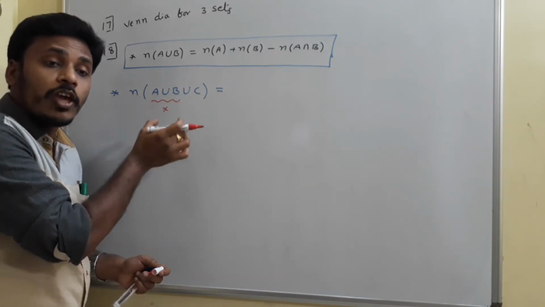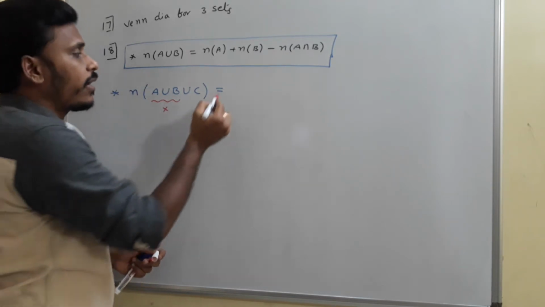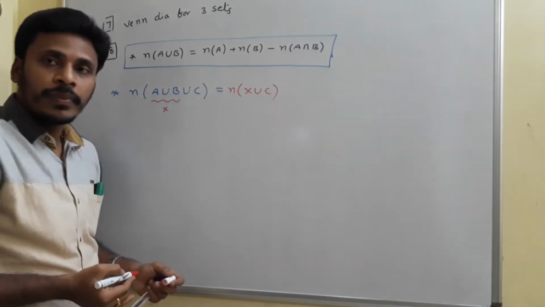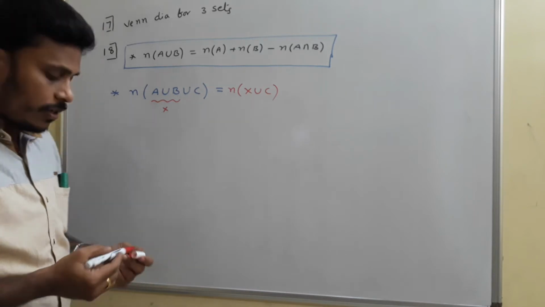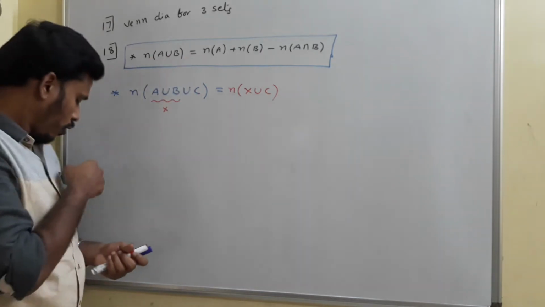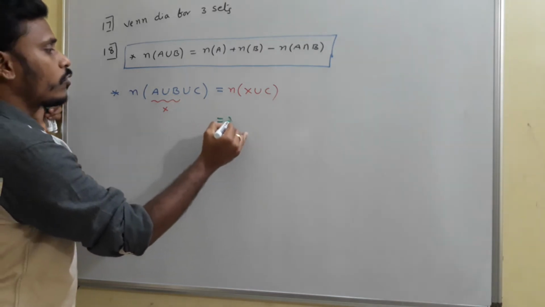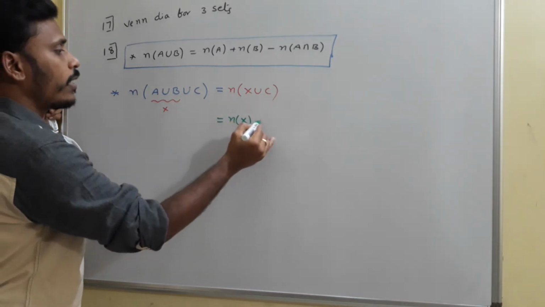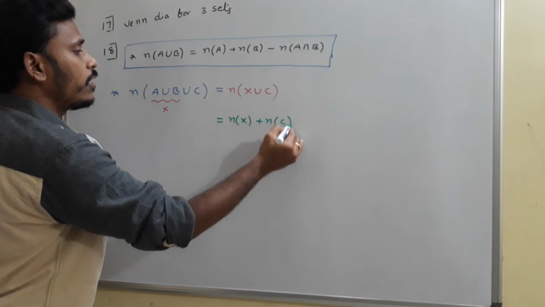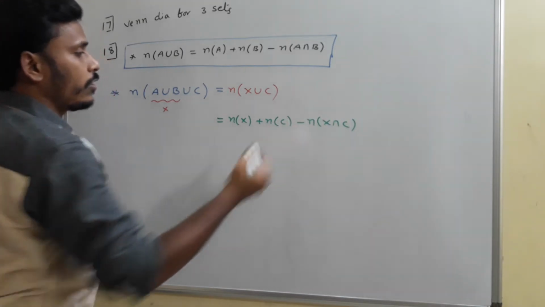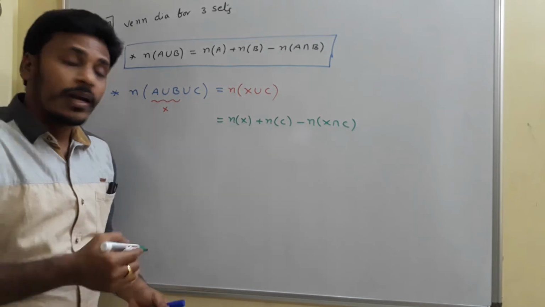Then n of A union B union C will become n of x union C. And since it is n of x union C, then by the above rule, n of x union C can be written as n of x plus n of C minus n of x intersection C. Right.